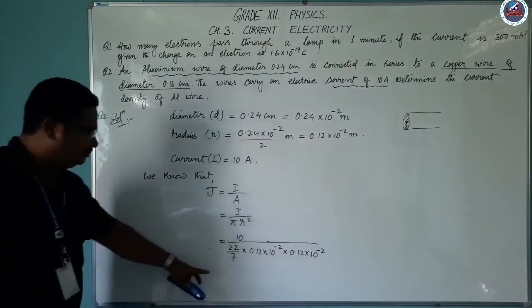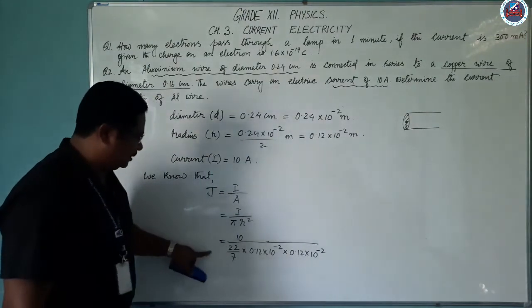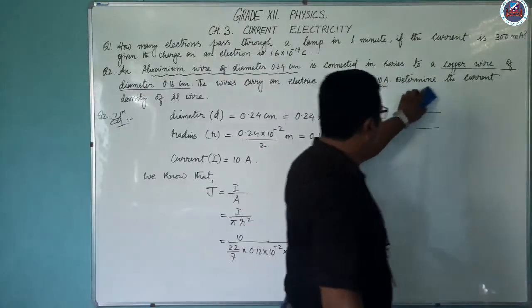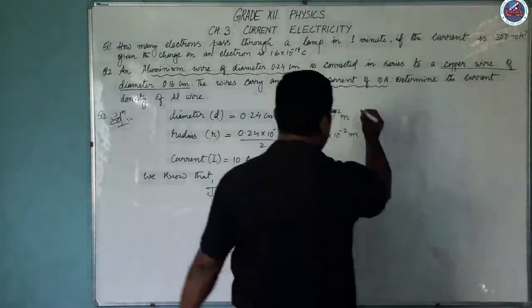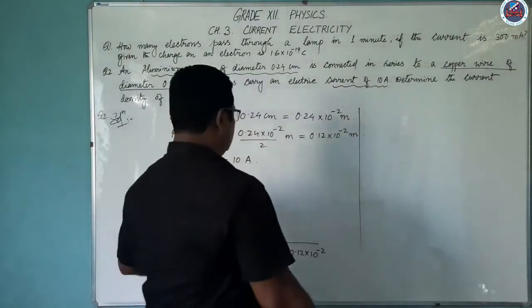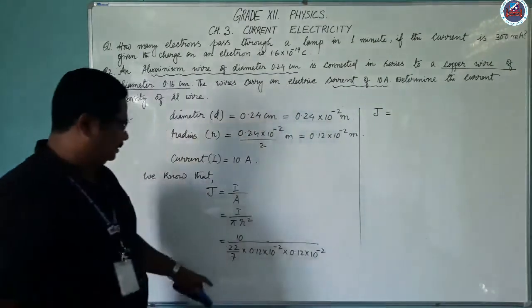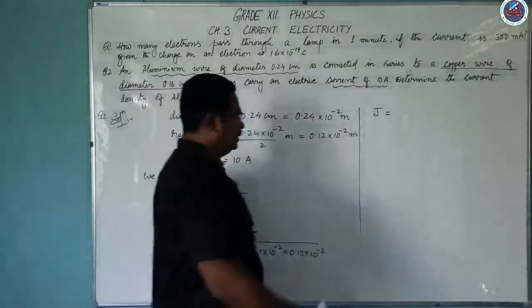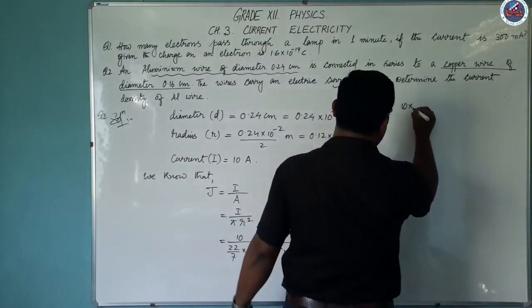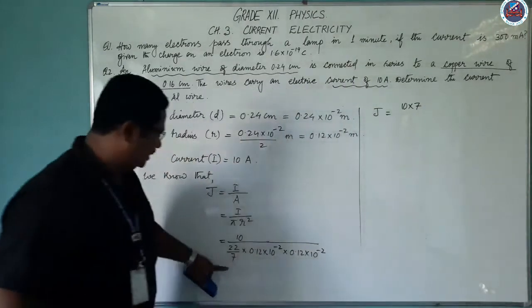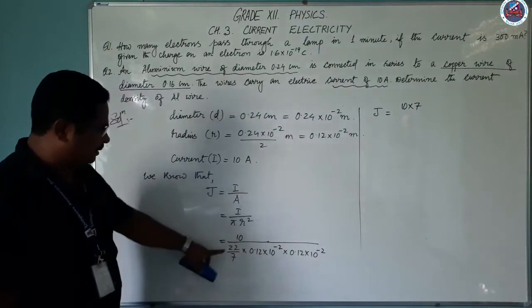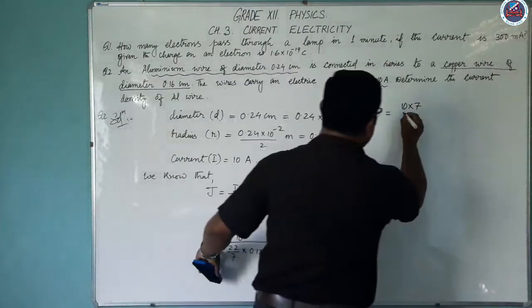Then the next thing, these terms, you can take it up, lift up, arrange it. I'm writing here. So current density J is equal to 10 into 7. This 7 will go up. And here downside you have 22.